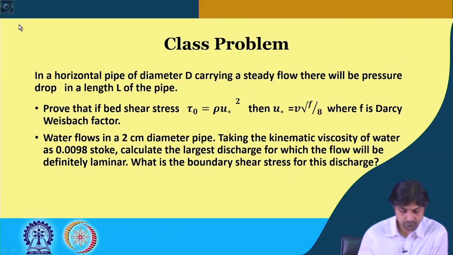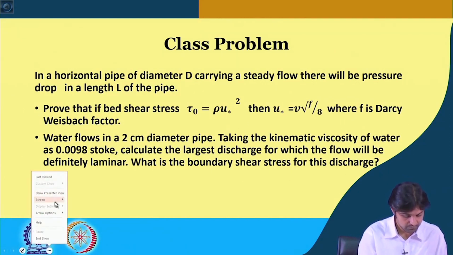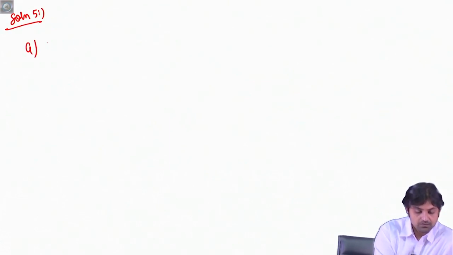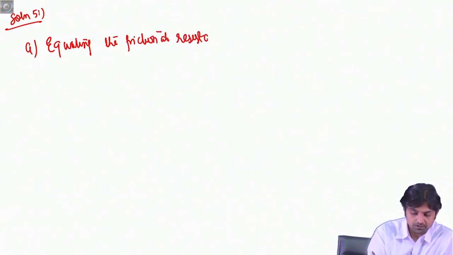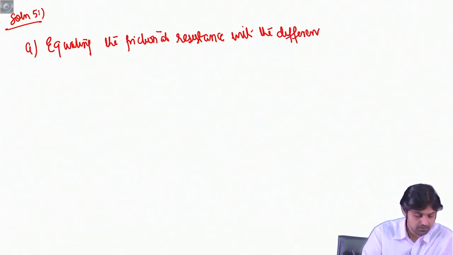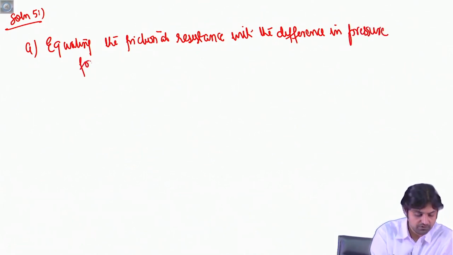So the first part is pretty simple. You have to equate the frictional resistance with the difference in pressure forces.